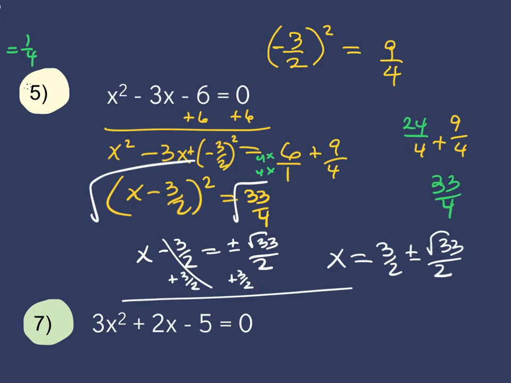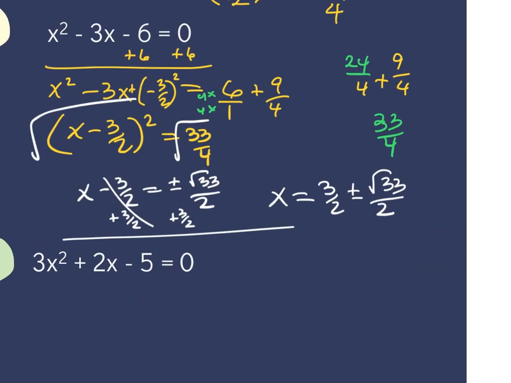Now, keep in mind on SET, PSET, you might see it with only one denominator. WebAssign's going to expect you to leave it separated, but you can also do this and just write the denominator of 2 one time. So you could actually put both numerators together with only one 2 in the bottom.